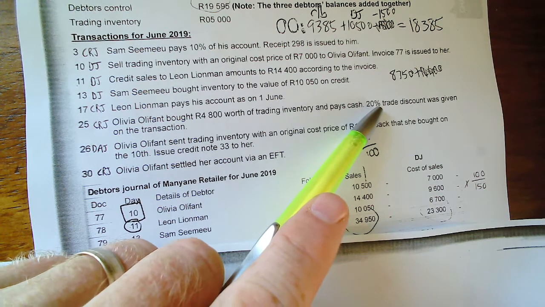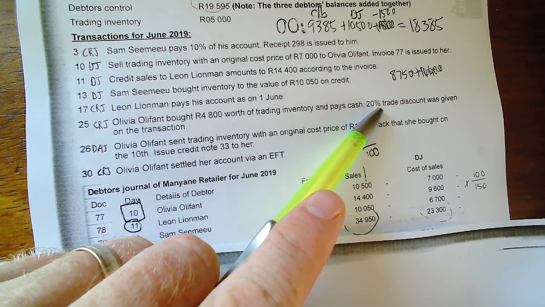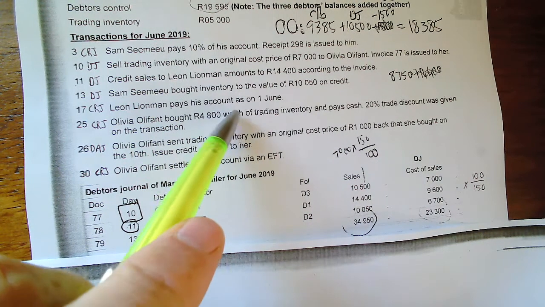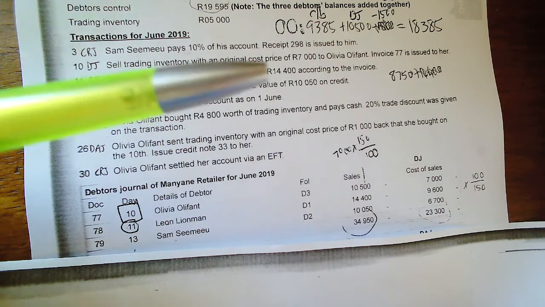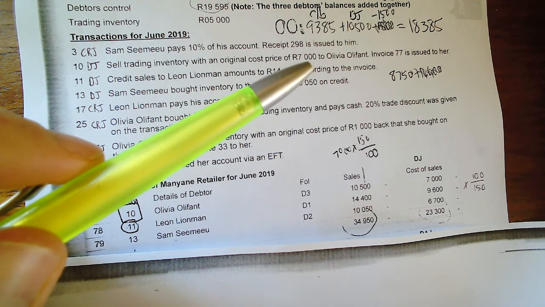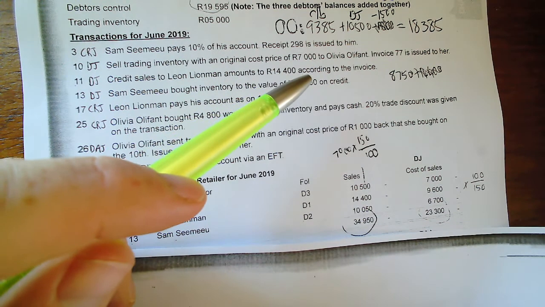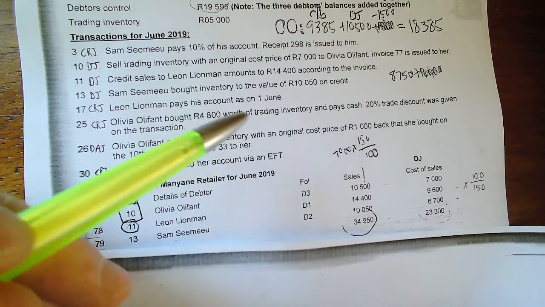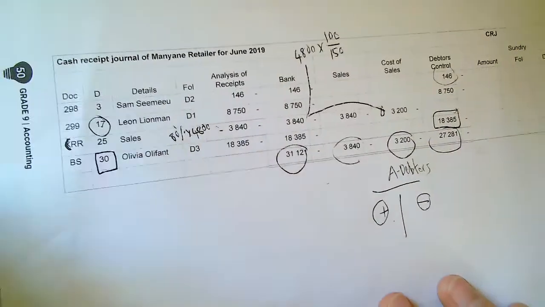So you must only put in the amount that she actually paid. So the amount she actually paid was 4,800 minus 20%. Okay, so I'm going to put that amount in the CRJ.